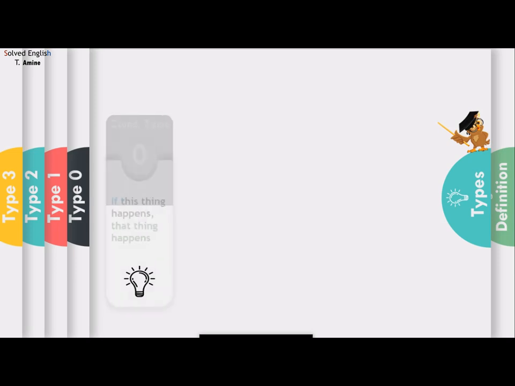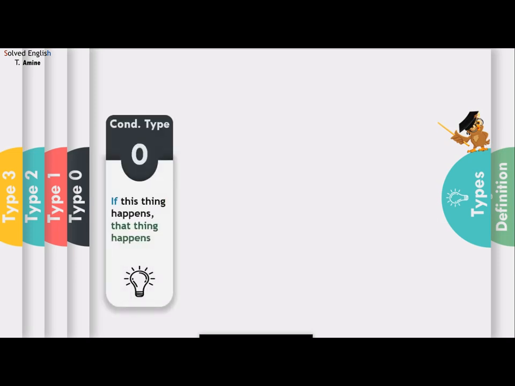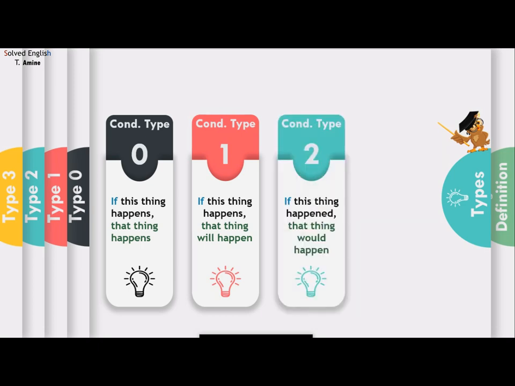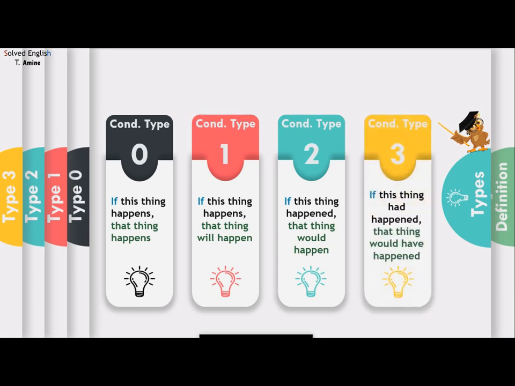Conditional type 0 looks like this. If this thing happens, that thing happens. Conditional type 1, if this thing happens, that thing will happen. The same sentence in conditional type 2 will be, if this thing happened, that thing would happen.